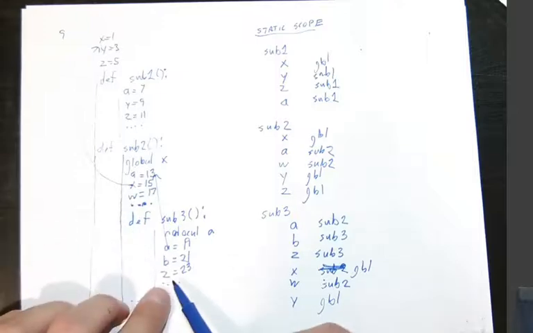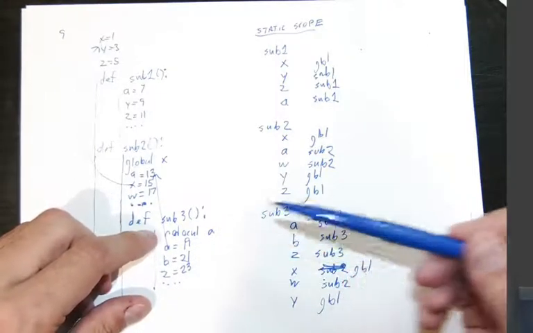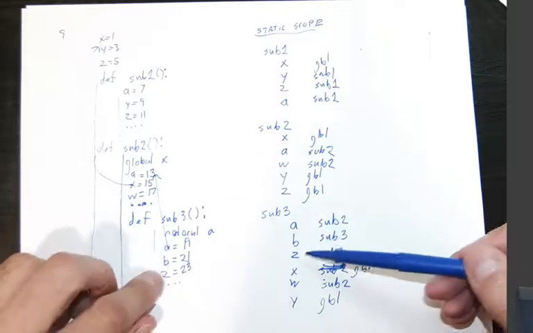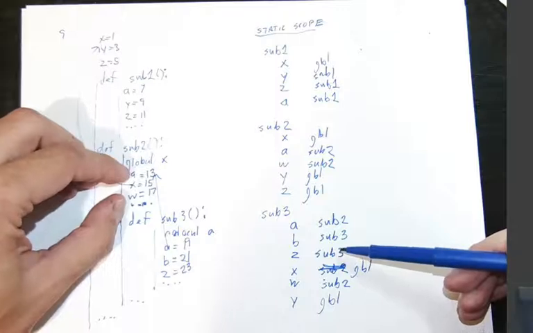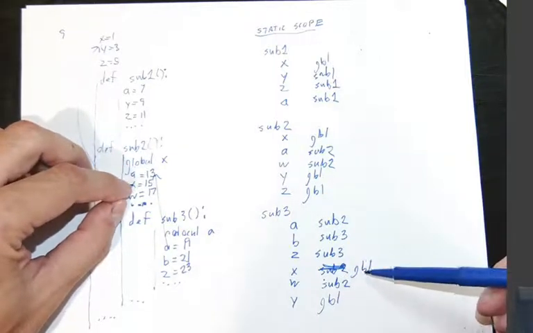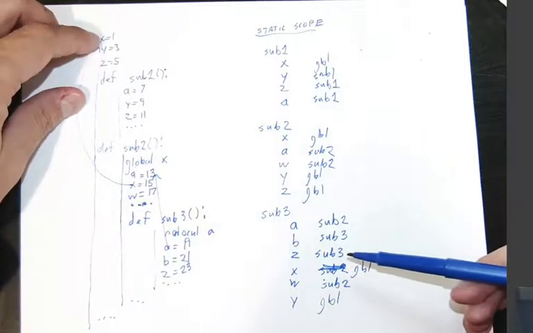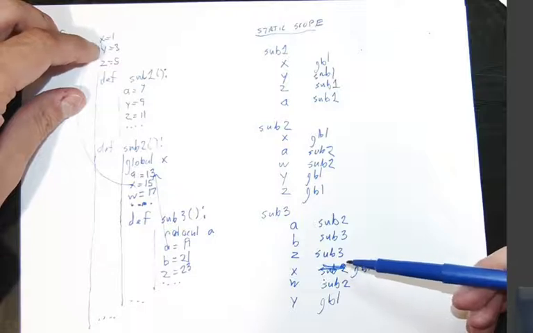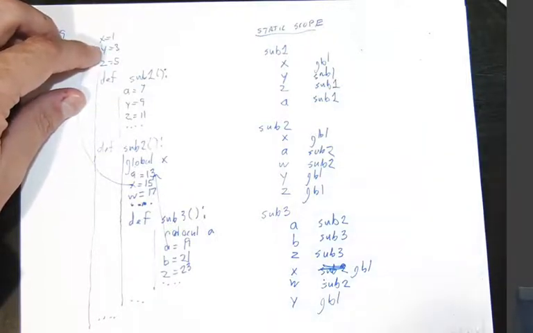So for each thing here, I just first look through sub3, A, B, and Z. I figure out where they're declared, right? Then I work my way up. A's already been handled. X was global, and then W, and then I work my way up. All right, we've already handled X. We've already got a Z. So what's left is the Y, which is global. Okay.